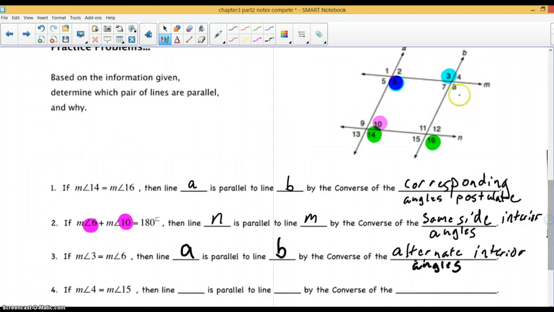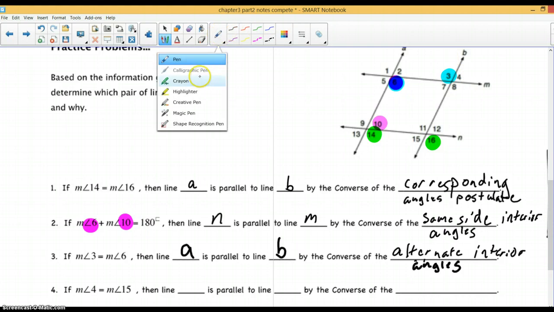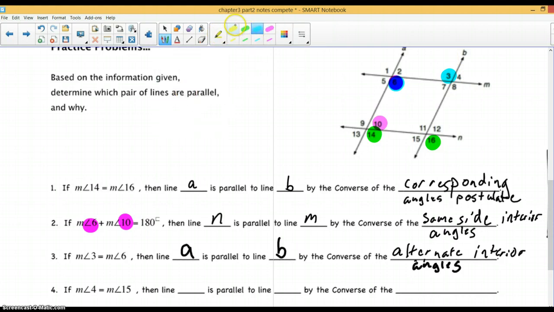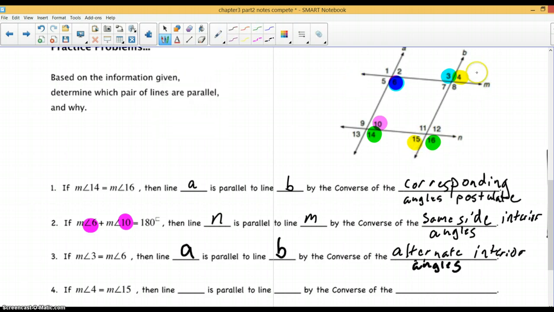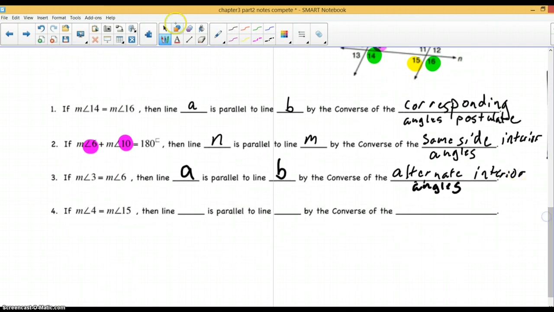Now our last example, we have angles 4 and 15. So we find those in our picture, angle 4 and angle 15. Those are on the exterior, so they aren't in between our two lines, and they alternate. So those are alternate exterior angles.